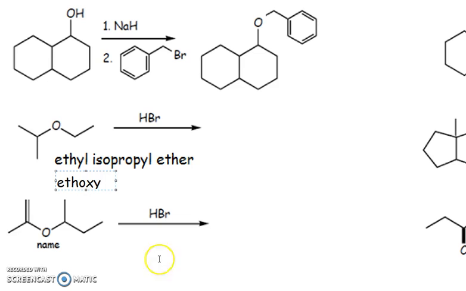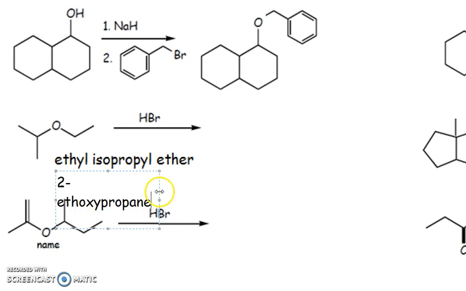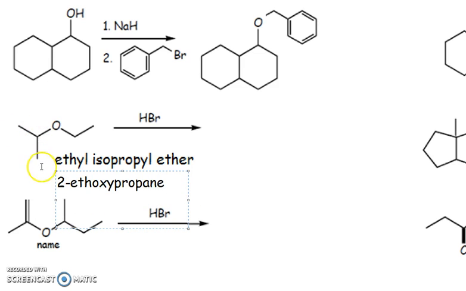So it would be 2-ethoxy, and then it would be propane, because the longest chain is not the ethyl, it's a propyl here. Okay, 2-ethoxypropane. We're going to cleave this now with hydrobromic acid.